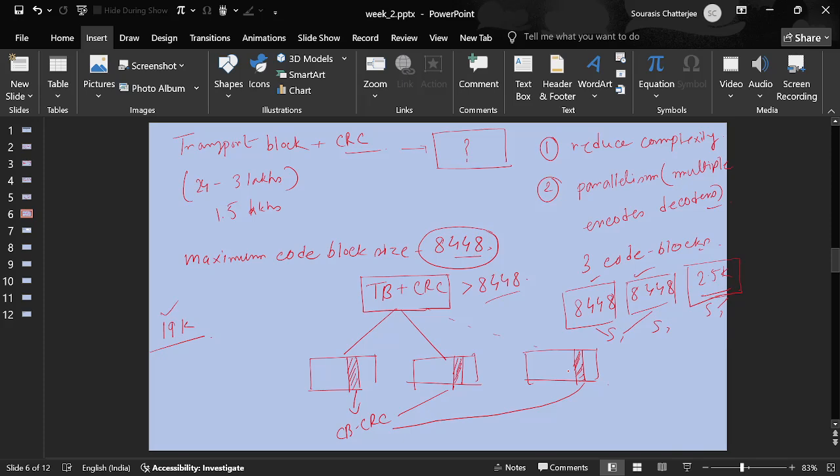So the entire transport block is defined by the third code block, which is the weakest one. As long as the third is not cleared, the entire transport block is stuck, so I have to keep asking for retransmission.